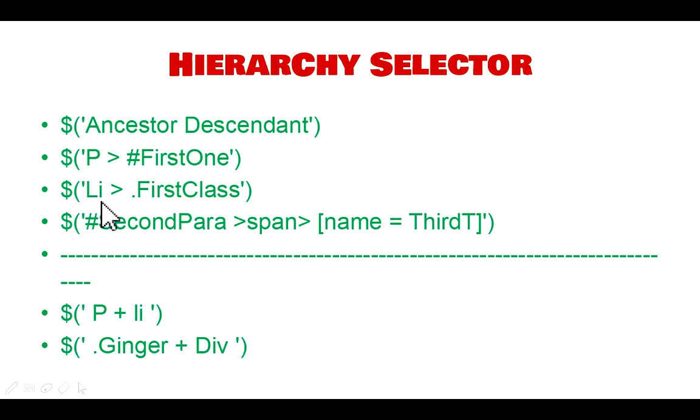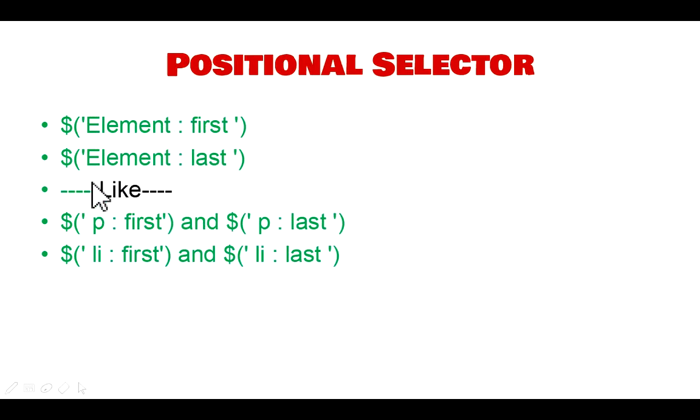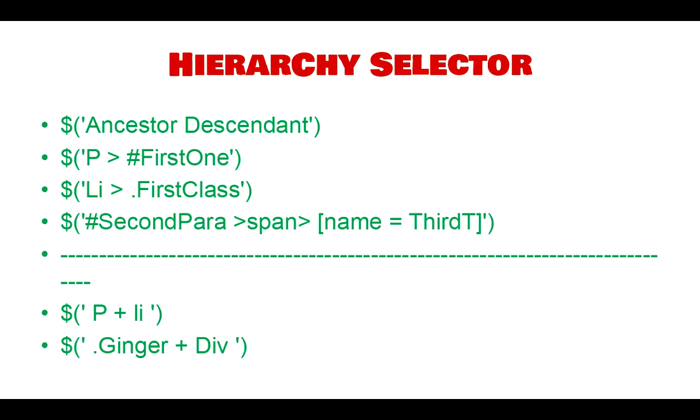Go to li list, list all the list and go inside and see that there is another element whose class is first class. And select the ID second paragraph, go inside to the span and go inside whose name is 30. I'm gonna explain this in Visual Studio Code.